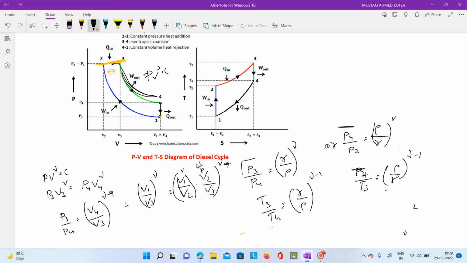Now we have to find the air standard efficiency.